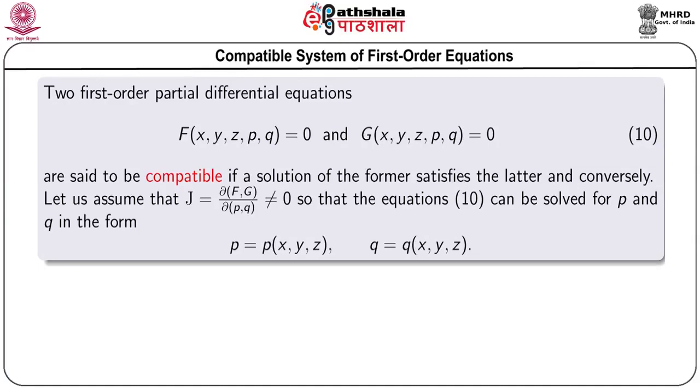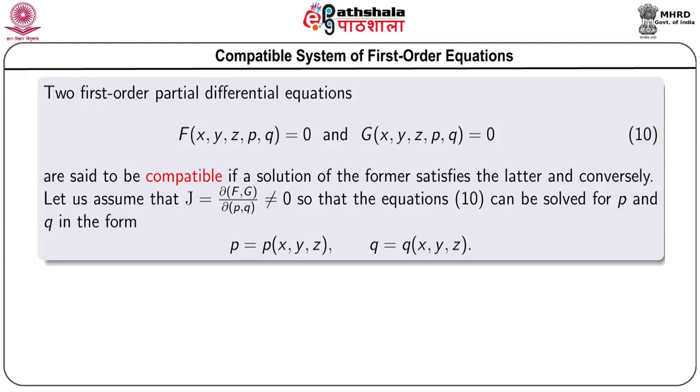Now, these two systems are said to be compatible if a solution of the former satisfies the latter and conversely. We also assume that the Jacobian of capital F, capital G with respect to p, q is not equal to 0.